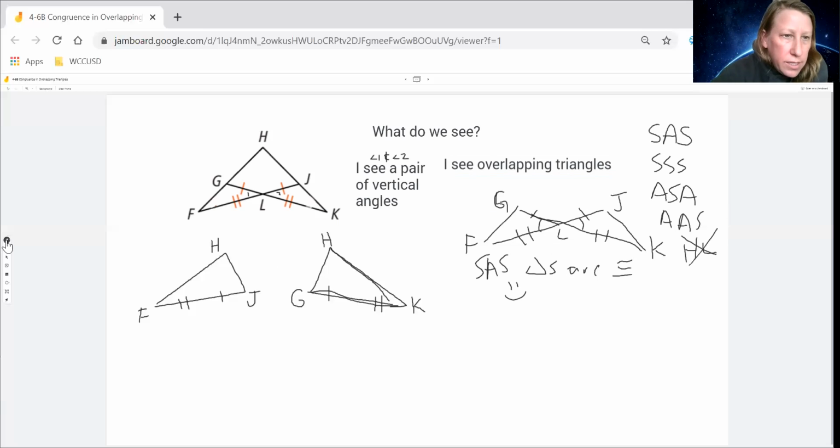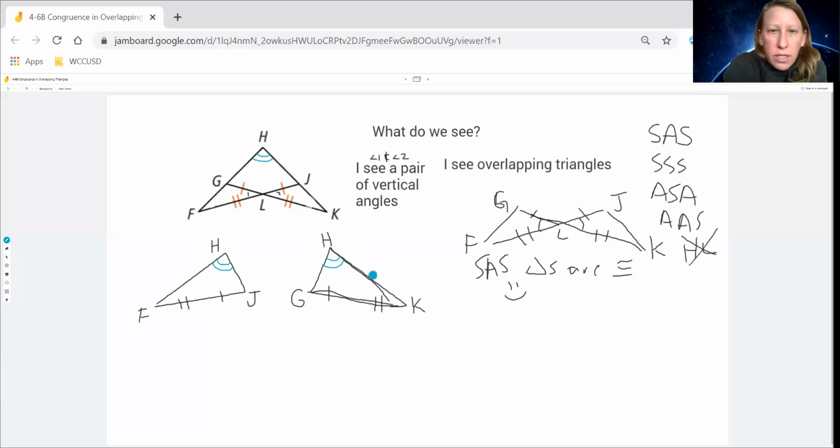Okay. One of the keys to notice in a figure where the shapes are overlapping is where do they overlap? And in this problem, they both have angle H. So if I was looking at these 2 big triangles, I would know that it's kind of a freebie that angle H is congruent to itself.